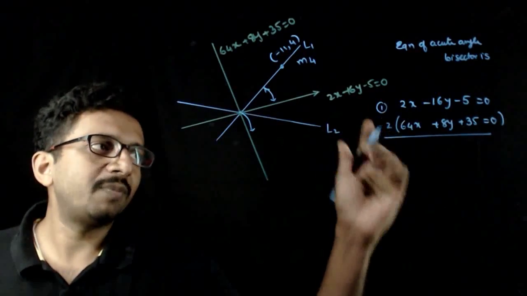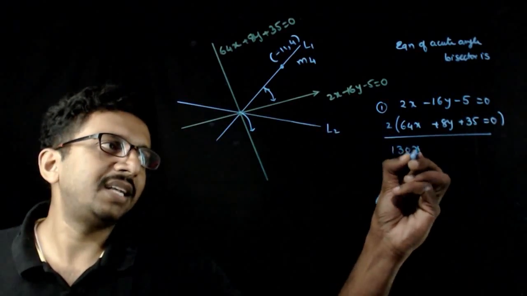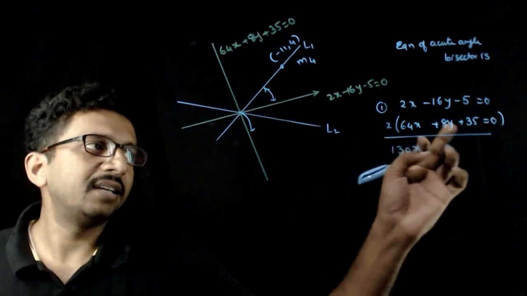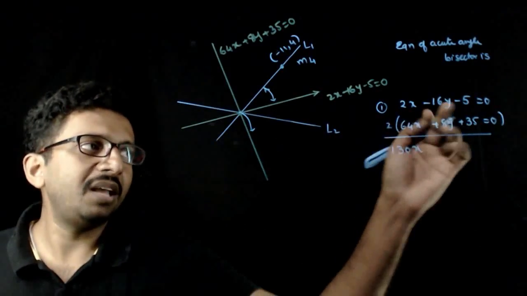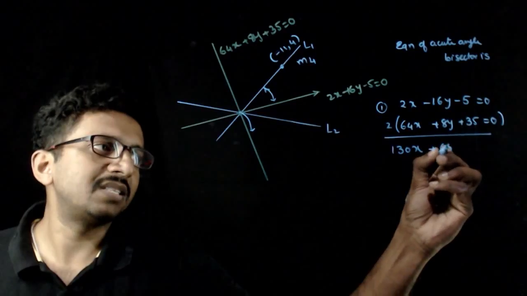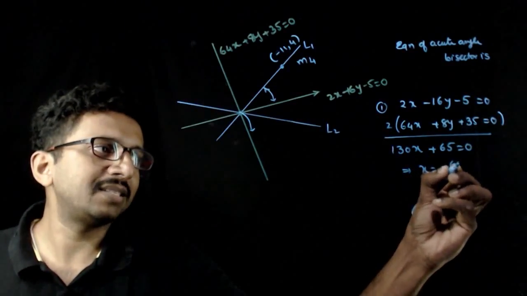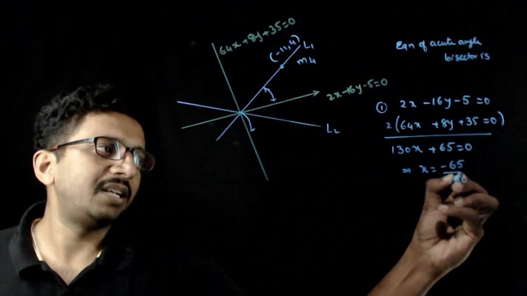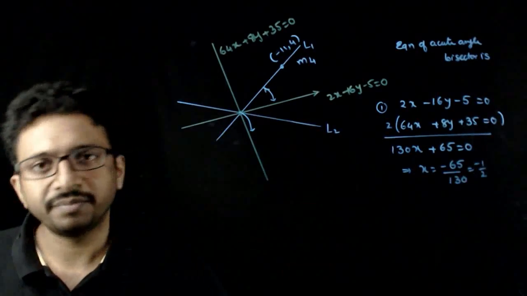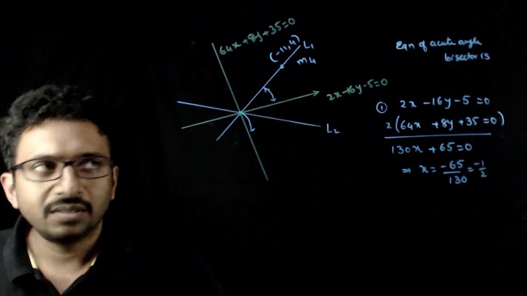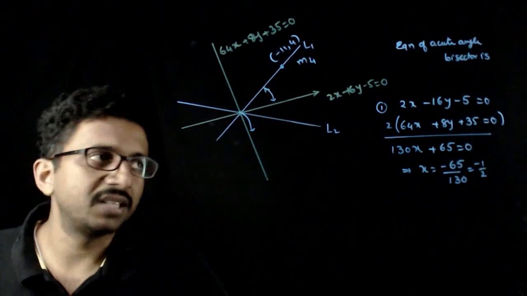So 128 plus 2, 130x, and 35 into 2, 70, minus 5, plus 65 is equal to 0. This implies x is equal to minus 65 by 130, that is equal to minus 1 by 2. So the x coordinate of the point of intersection is minus 1 by 2.